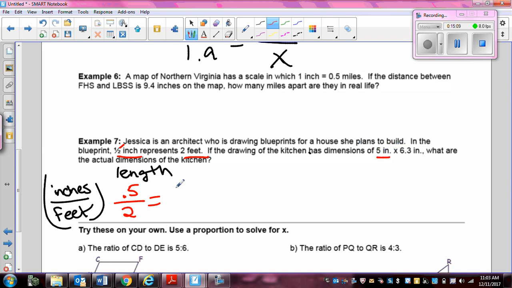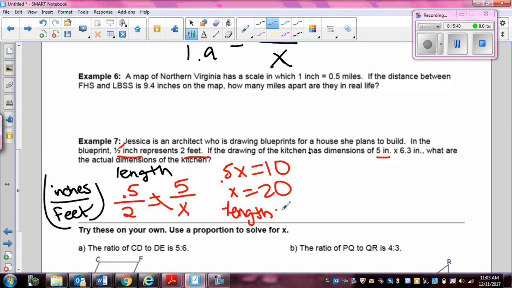So 5 inches is the map divided by what is our real dimension of the kitchen. That's going to be our x. When we cross multiply, we're going to get 0.5 times x equals 10. And if we divide by 0.5, x, or my length, will equal 20 feet. Okay? So my length, you can write it down, equals 20 feet.